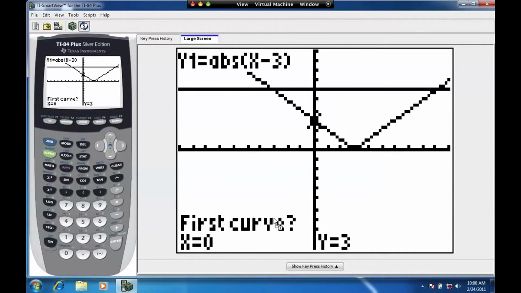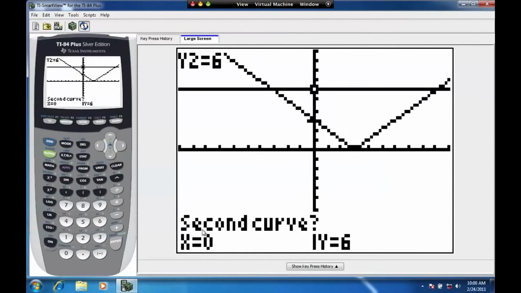The question at the bottom of the screen asks you to identify what the first curve is. The word curve is a little misleading because ours is an absolute value function that we're currently flashing the cursor on. So it really should be like the first function. What's the first function? We can say enter, meaning that the first function can be the absolute value function.